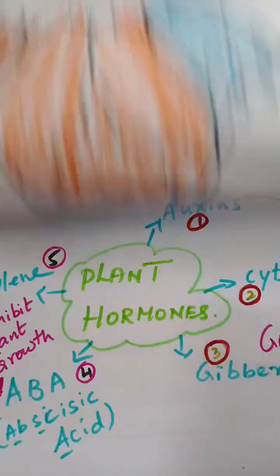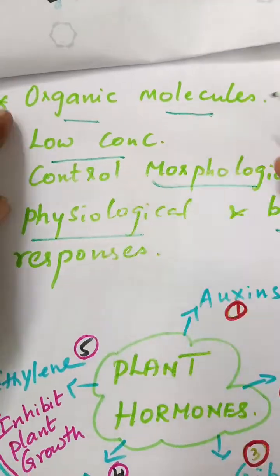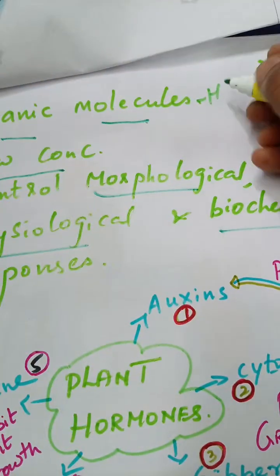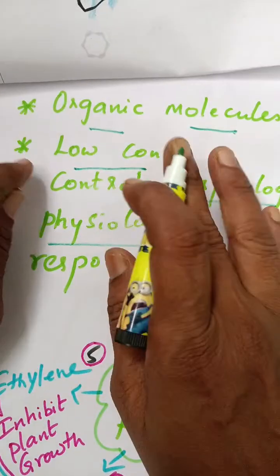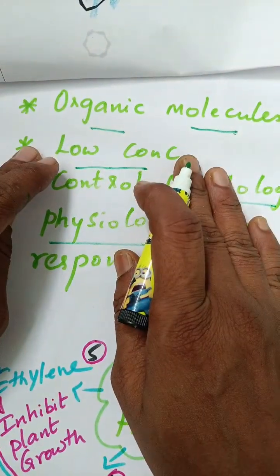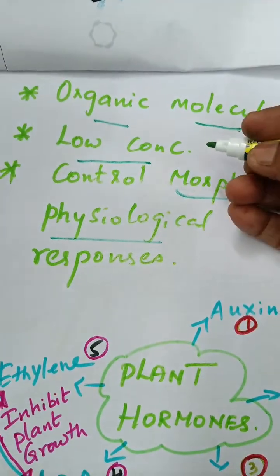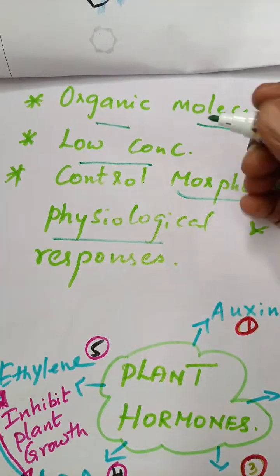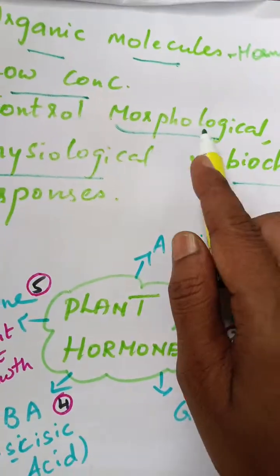Then we studied about the organic molecules. The hormones are organic molecules, and they are at extremely low concentration in the initial stage, and whenever there is a need for them, they increase their concentration. What are the functions of the hormones in the plants?